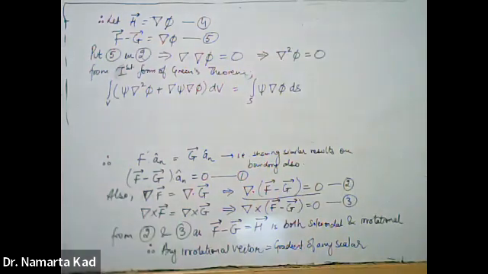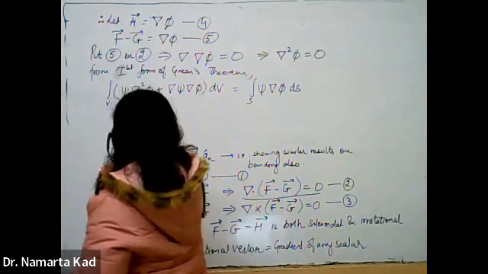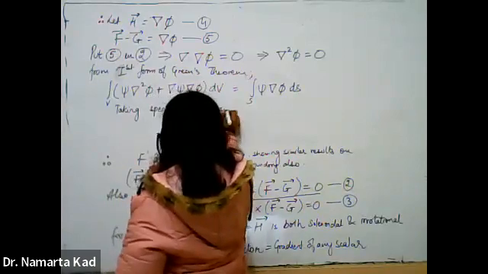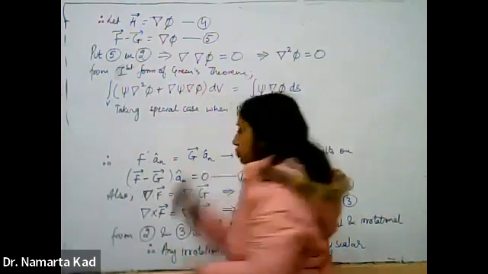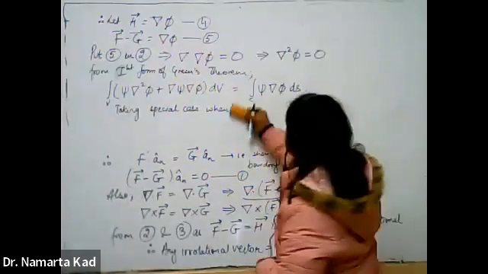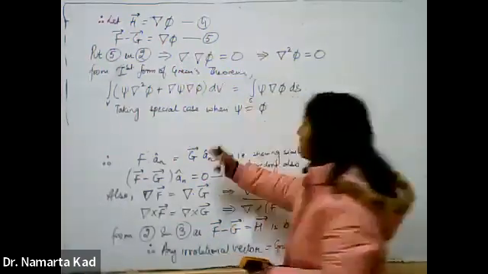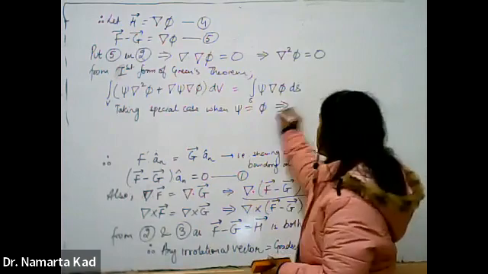Now, taking a special case in this first form of Green's theorem, when psi is equal to phi. Put psi equal to phi, and I'm rewriting Green's theorem now.